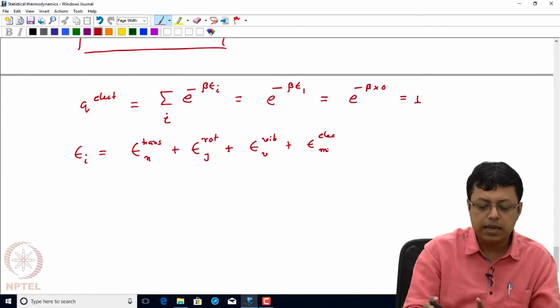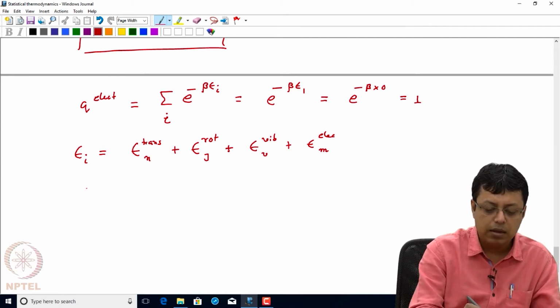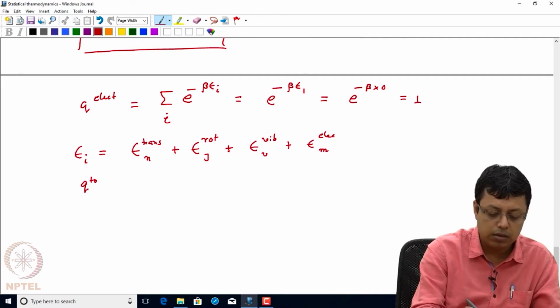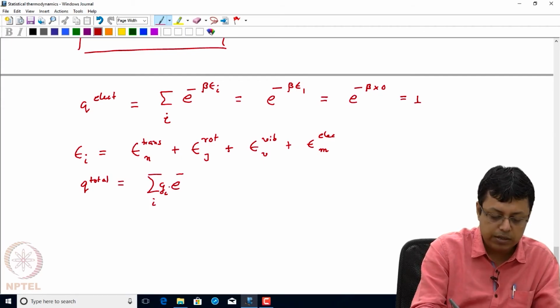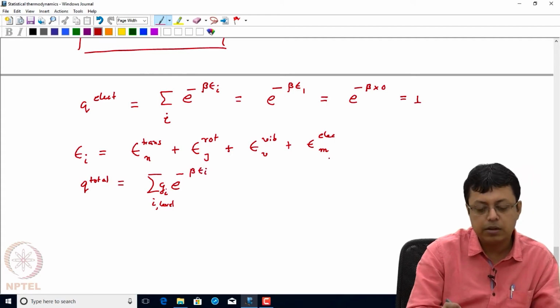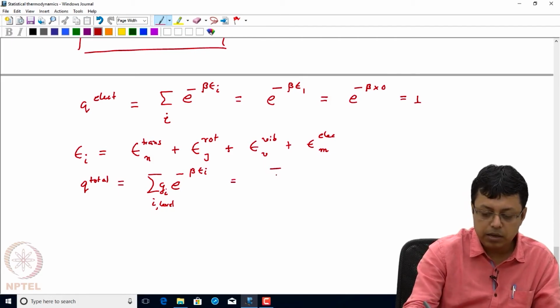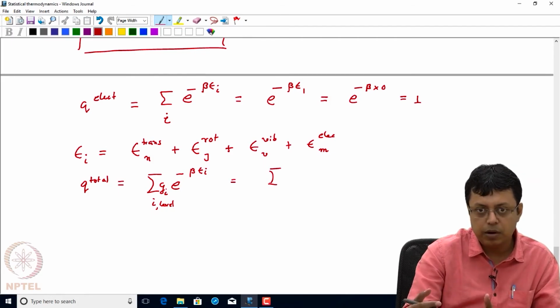So in a similar way, we know that Q total is the sum over all these energy levels with all their degeneracies, the sum of e to the power minus beta epsilon i. But you can write the epsilon i in terms of the translational, rotational and vibrational energies, and you know that e to the power a plus b plus c is e to the power a times e to the power b times e to the power c.